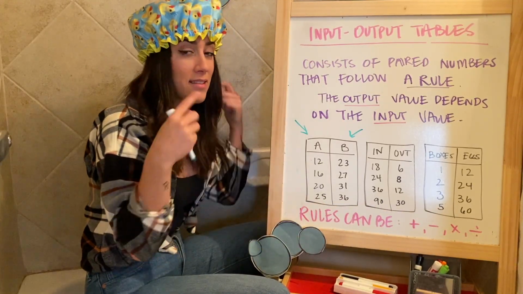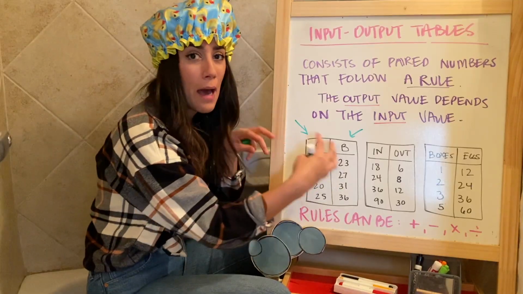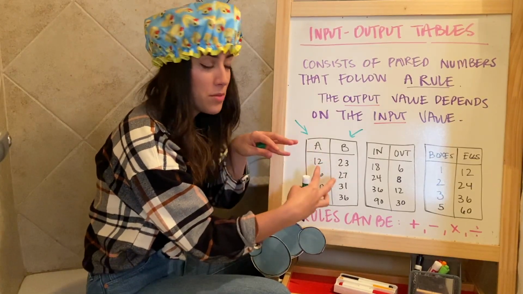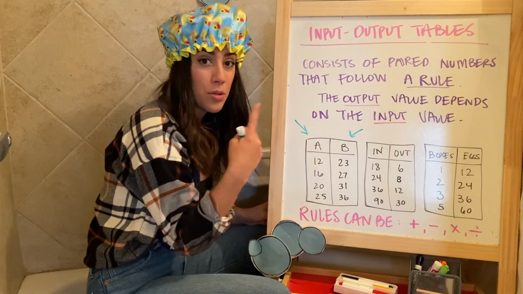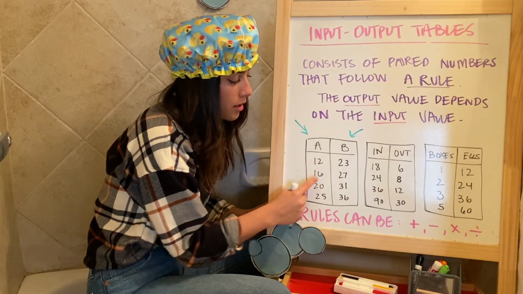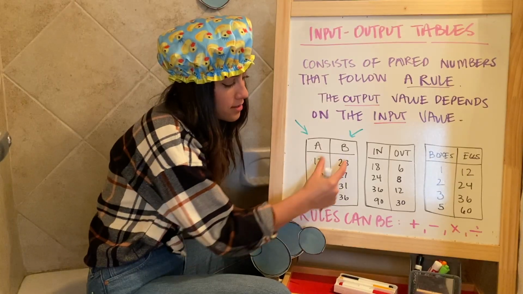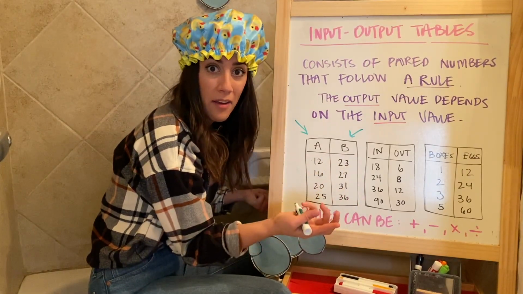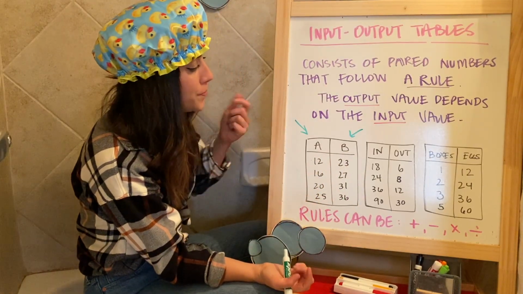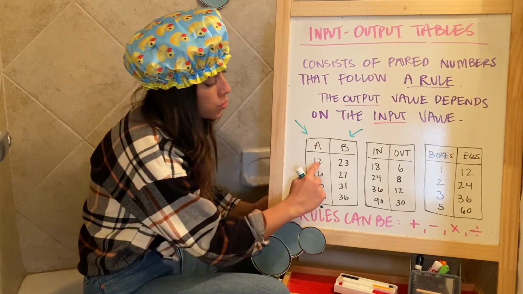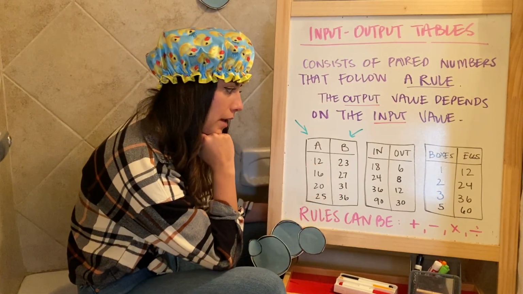But now it's the game of figuring out what is happening in this little magic machine to make these numbers in the first column into these numbers in the second. What you're putting in is coming out differently. Why? What is that machine doing? So let's look at this one. 12 to 23. Okay.